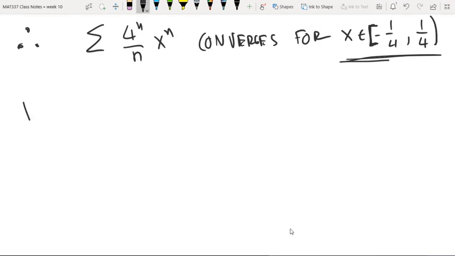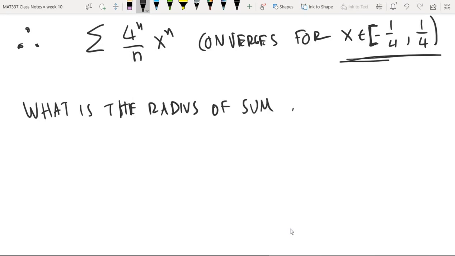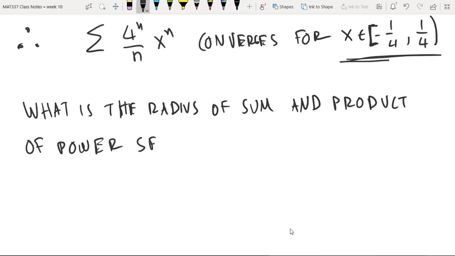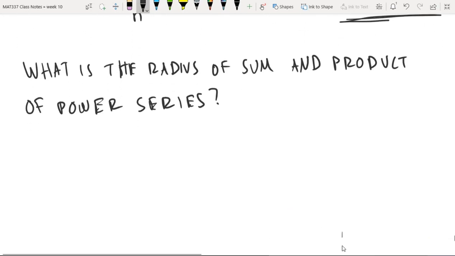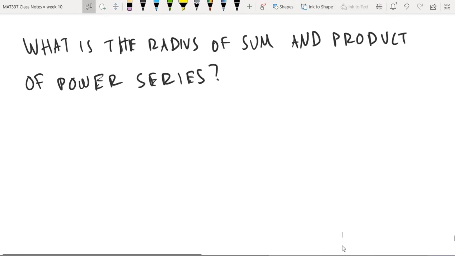So what is the radius? We might not have time to prove it all, but you can use it: the sum and product of power series. So let me just write the result, and you are free to use it, and I will try to prove as much as possible in the given time.